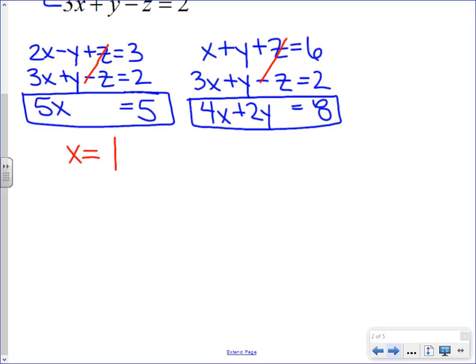There it is. x is 1. Okay? So now, going to highlight that. Now we're going to come over to this equation. Don't go back up to the top until you have two variables accounted for. Going back up to the top is not a good idea. Here, we still have two variables. We can plug x in here.